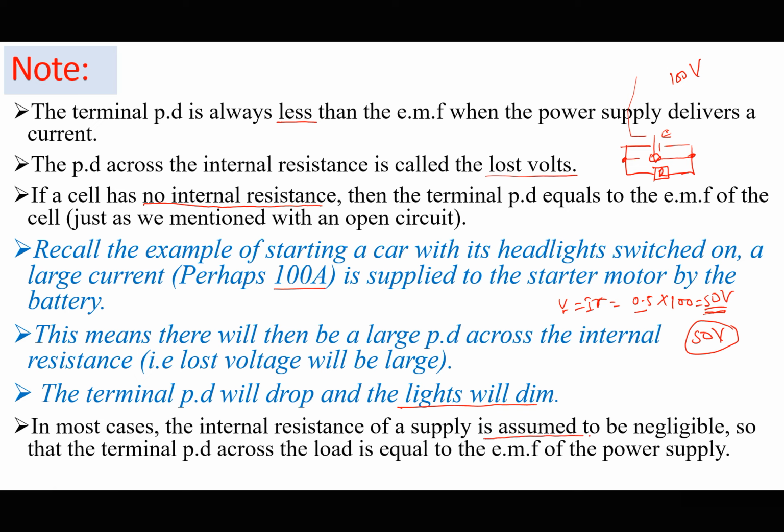In most questions, we shall be assuming the internal resistance to be negligible so that the terminal PD across the load is equal to the EMF of the power supply. So whenever the terminal PD of the load is equal to the EMF of the power supply, many times we have assumed that the internal resistance is negligible or has been neglected.